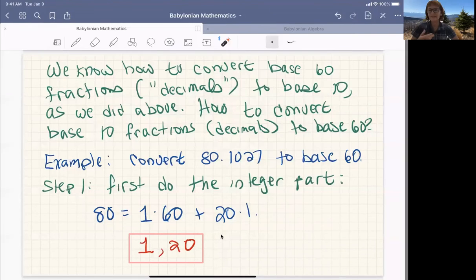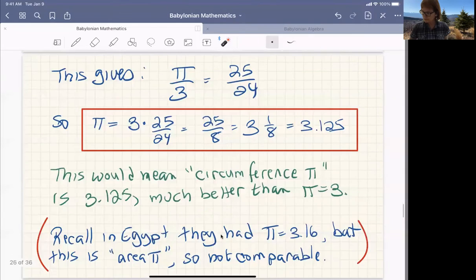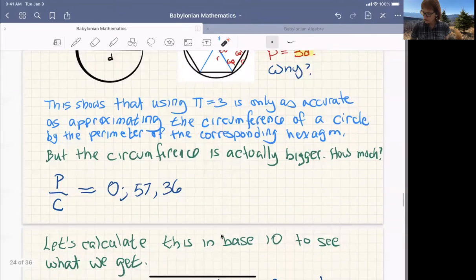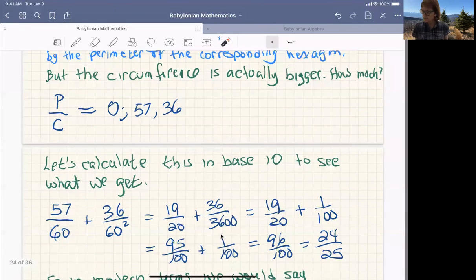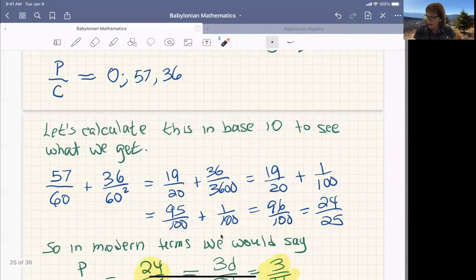But by the way, that's what we just did in the example above, because remember, we were given a base 60 fraction. We converted into base 10 by just saying that the first digit is divided by 60 and the second digit is divided by 60 squared.